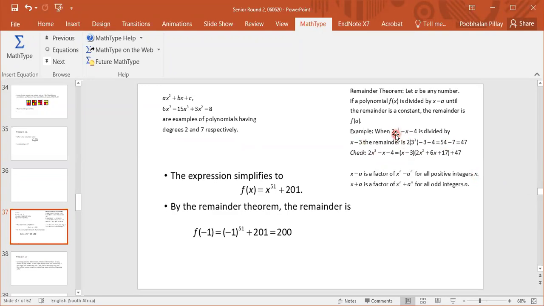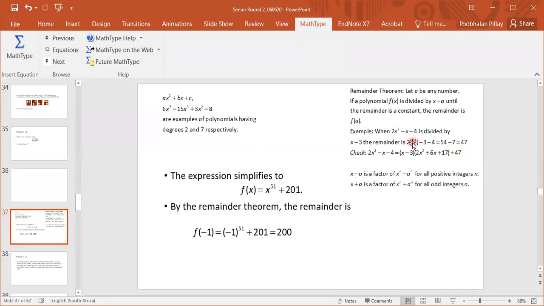You put the 3 into this polynomial, and that will give you the remainder. 2 times 3 cubed is 2 times 27, which is 54, minus 3, which is 51. 51 minus 4 is 47. So the remainder is 47.